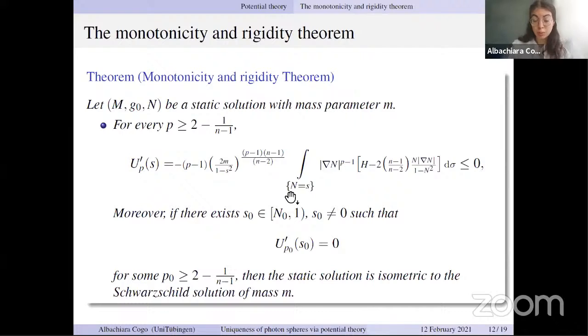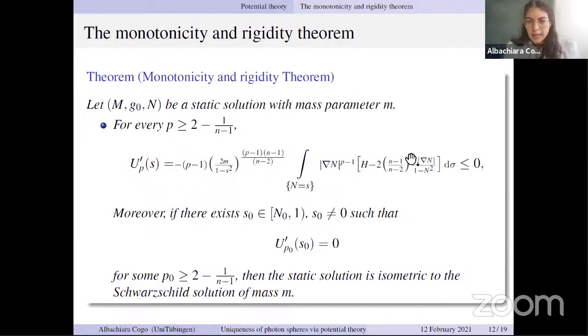So we want to apply this theorem for our uniqueness result, and so we want to prove that having a photon sphere, or more generally an equipotential photon surface, we actually are in the rigidity case. So let's observe that to be in the rigidity case, so to have 0 equals 0, we just have to impose that this integrand is less or equal than 0, because here we have a minus some positive quantity.